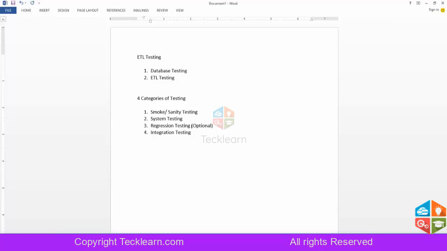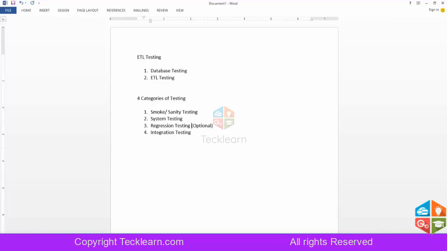When an ETL solution is designed and delivered to the QA team for testing, we prepare a test matrix for each of these 4 testing categories, and then we pass through the test matrix and finish our testing. I will give you a brief on the significance of this testing and the scope of the testing categories.